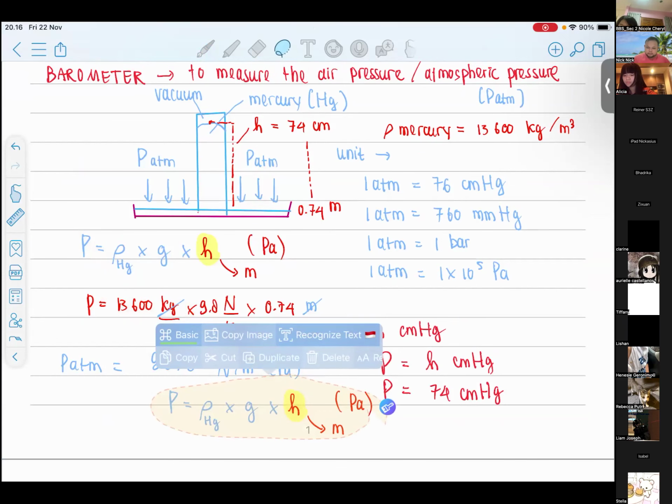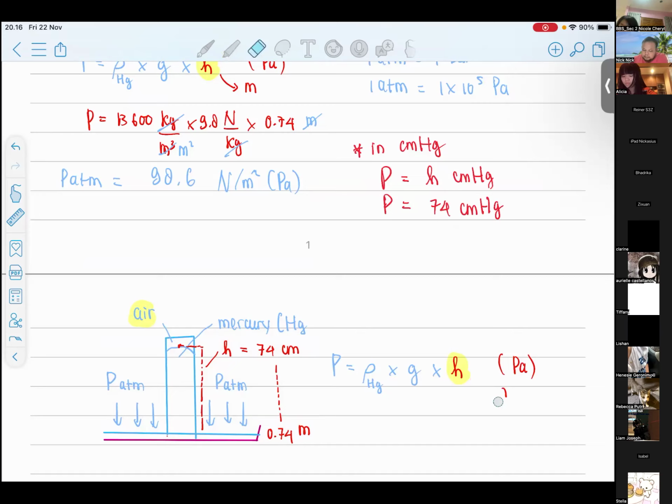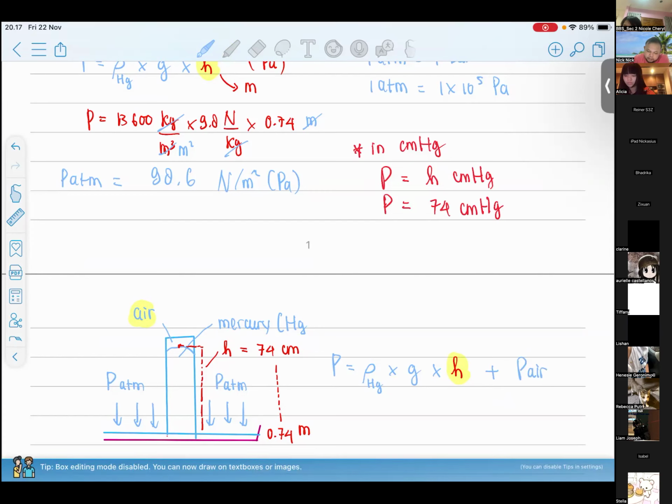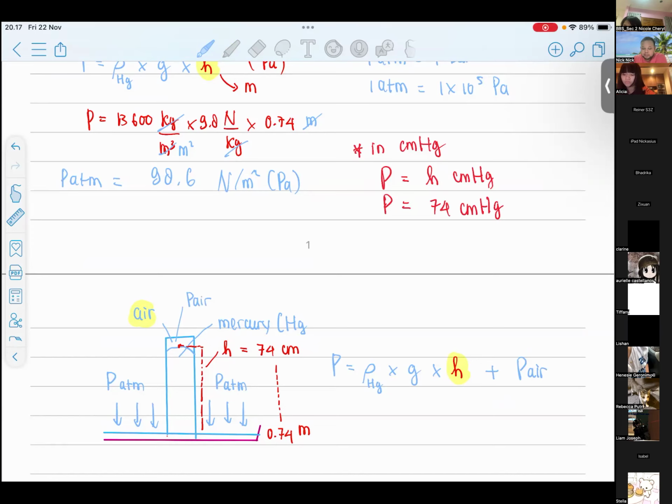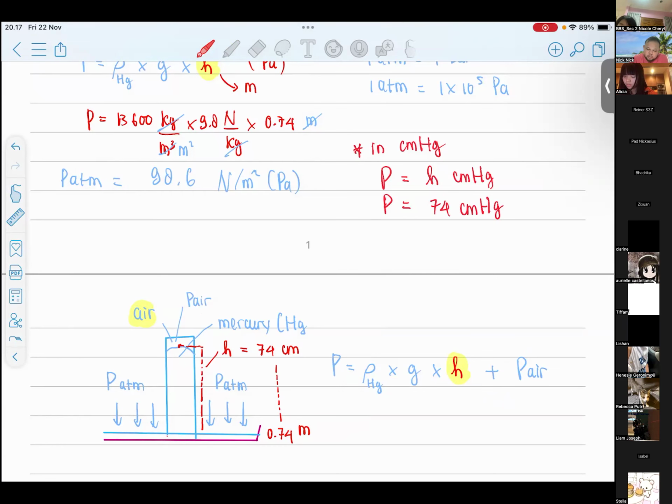If there is air inside it, the formula becomes PATM equals the mercury pressure plus the pressure of air. Now this air has a P air, usually given in the question. For example, the pressure of the air is 0.2 Pascal.